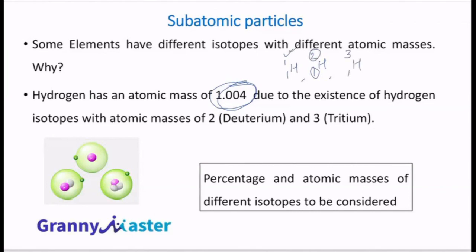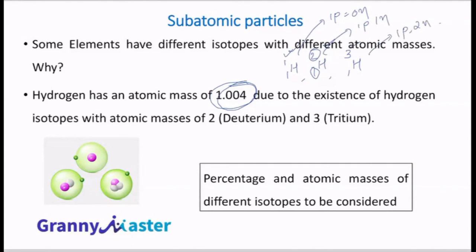So how are they differentiated? 1H1, the normal hydrogen that we normally discuss, has 1 proton and 0 neutrons. Deuterium, which is 1H2, contains 1 proton and 1 neutron. 1H3 is an isotope which contains 1 proton and 2 neutrons.